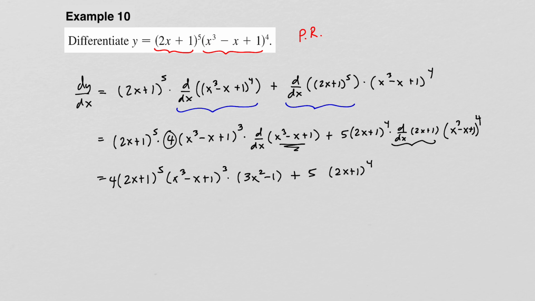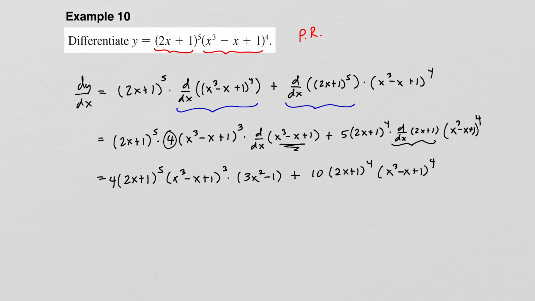The derivative of 2x plus 1 is 2. I'm going to put that 2 in front here, and then multiplied by x cubed minus x plus 1 to the 4th power. Now, this 5 times 2 right here, we can rewrite that as 10. And this is an acceptable form of the answer.